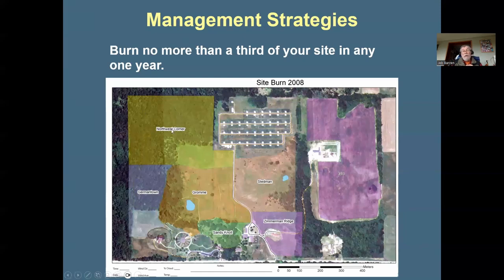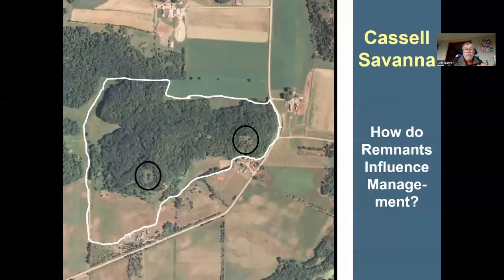And so I was burning across this gradient, not of moisture, but of shade, and burning across this gradient here, and here, and so on. So my goals were to use fire, but burn it across these ecological gradients to get the kind of results that I was interested in.